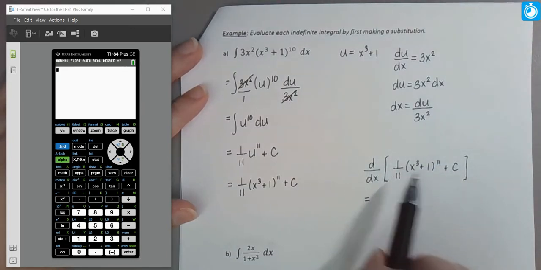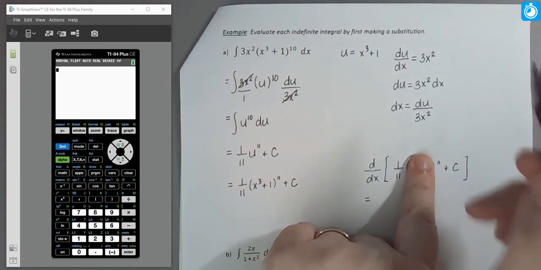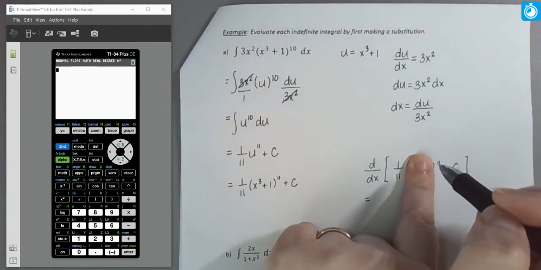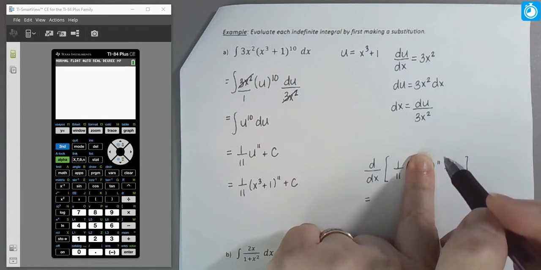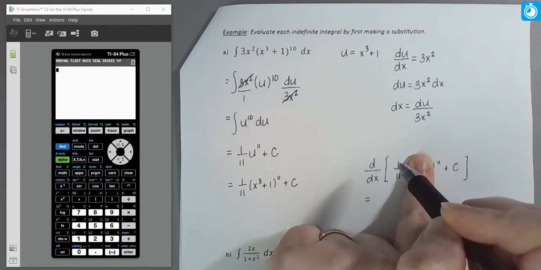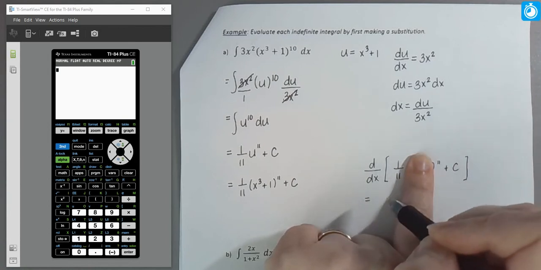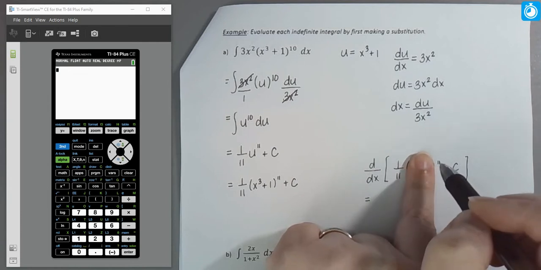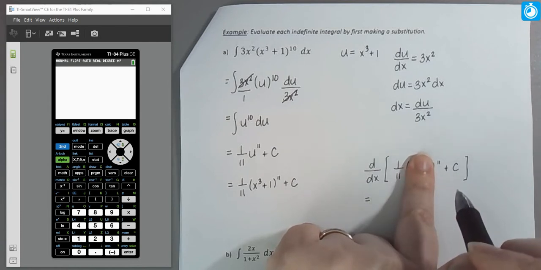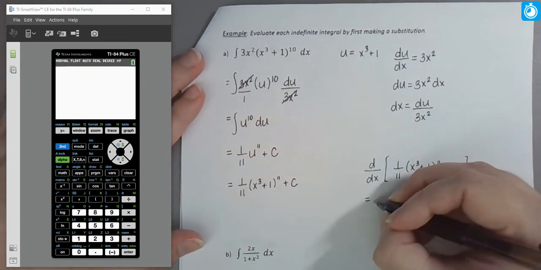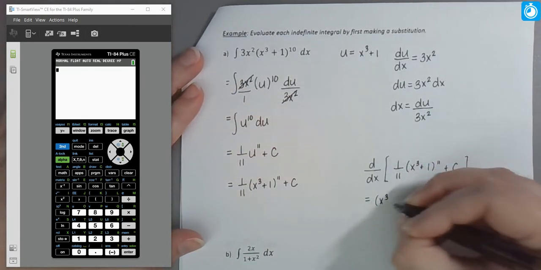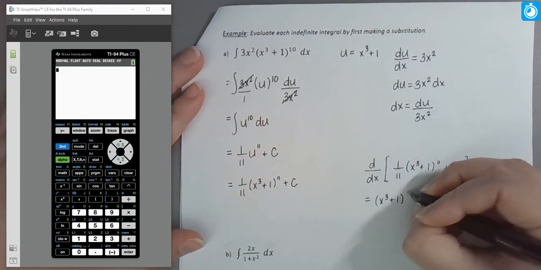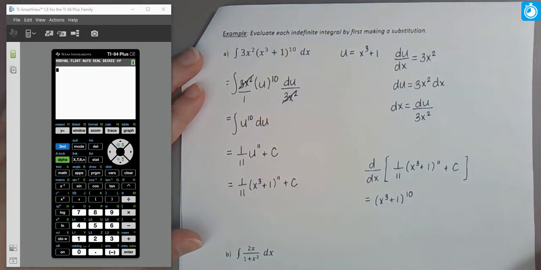So we differentiate the outer function, which is something raised to the 11th power, which says bring down the exponent, so that becomes 11 over 11. In other words, the coefficient goes away, and then decrease the exponent by 1, which will take it to 10, and then we'll have the inner function inside of the outer function's derivative.